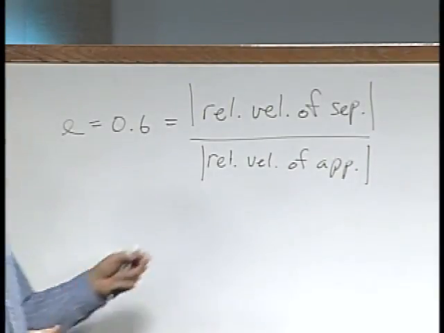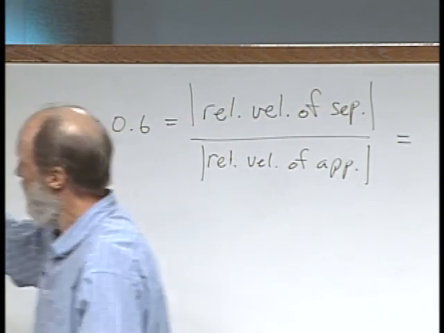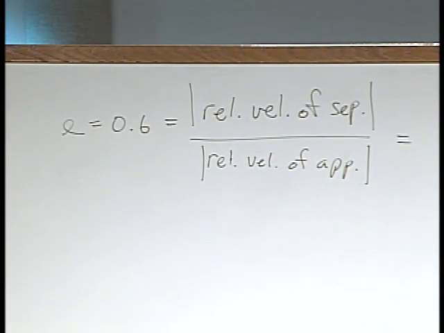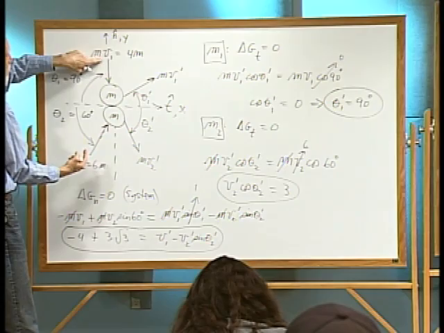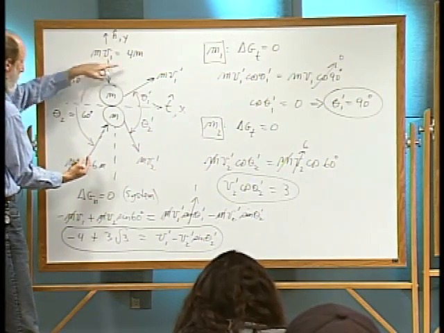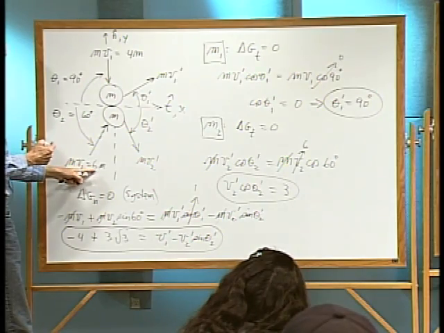So the relative velocity of approach in the denominator here is going to be the sum of these 2 velocity components. So it's going to be V1's value, which is 4, plus the sine component of V2's value of 6.